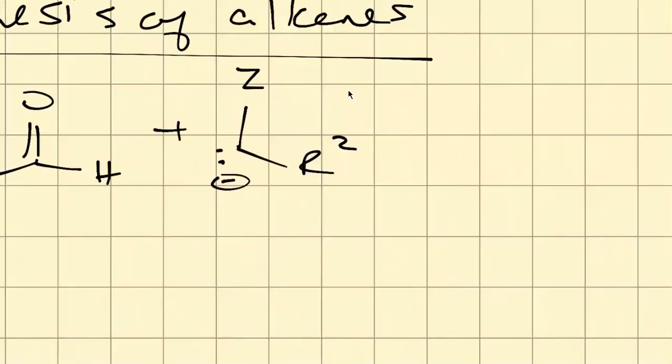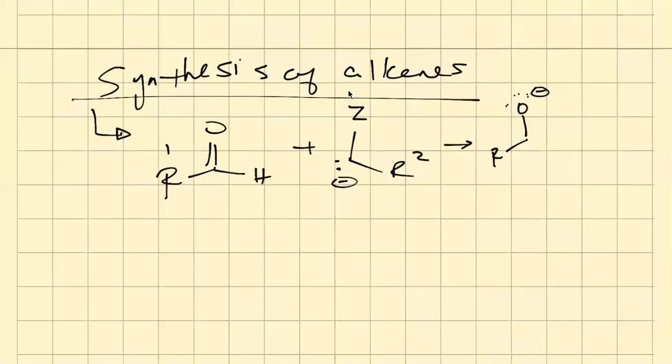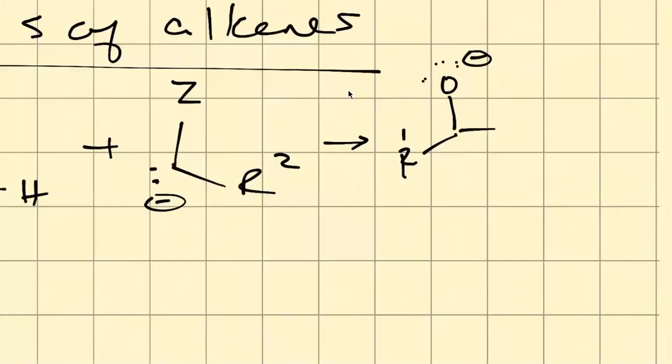And when I react those two together, I'm going to get this intermediate. Right, and depending on the nature of Z, and depending on the conditions, the elimination is going to take place in one of two ways.